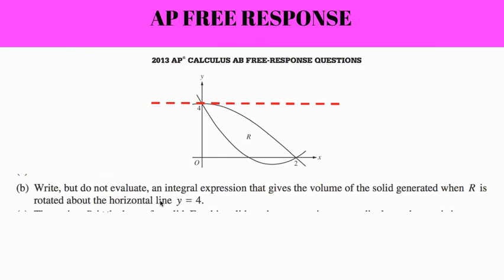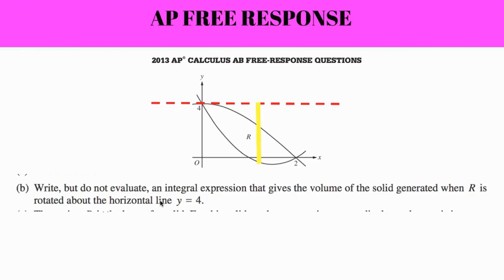And now in part B, we're going to take it and revolve it. And think of revolving and think of circles and cylinders. We would have a washer problem because when we draw a representative rectangle perpendicular to the axis of rotation, we have a hole in the middle. We don't butt up against the axis of rotation.